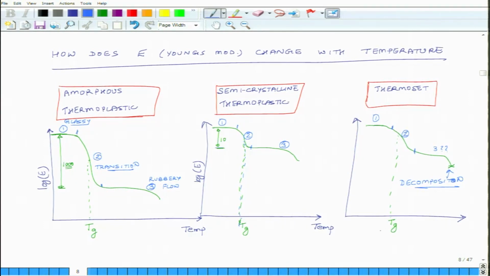Okay. So, in thermoset only Tg is important, in amorphous only Tg is important, and in case of the semi-crystallines, I forgot to put another temperature. So, maybe I should put another line here.